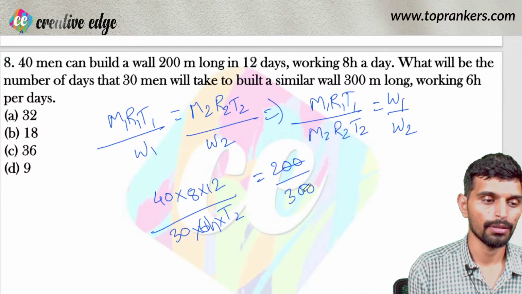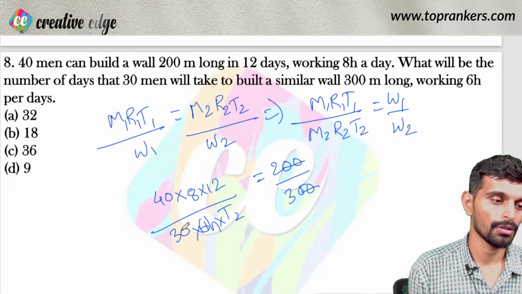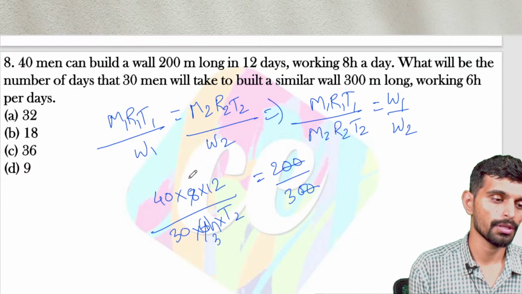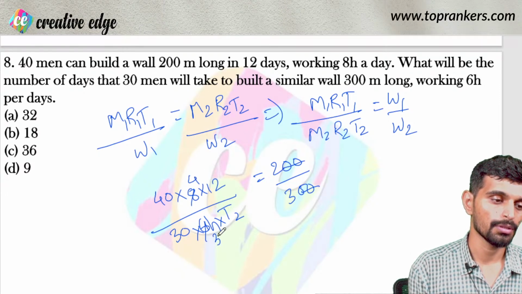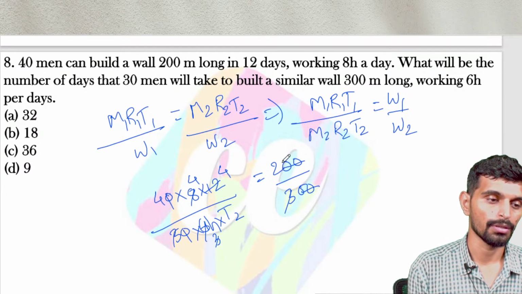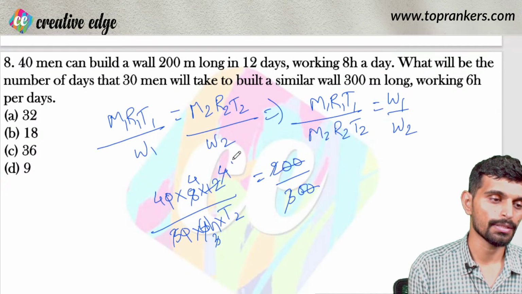So we can directly calculate for time here. So this is 6 3 times, this is 8 4 times, this is 3, 12 gets cancelled 4 times, so this 0 gets cancelled, there is 4 into 4 into 4, and this 3 and this 3 also gets cancelled. So this 2 cancels this 4 twice.